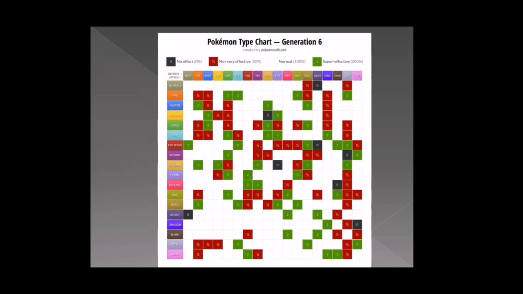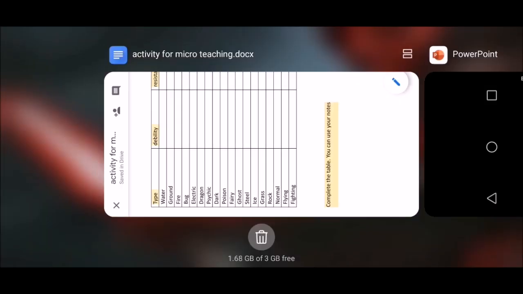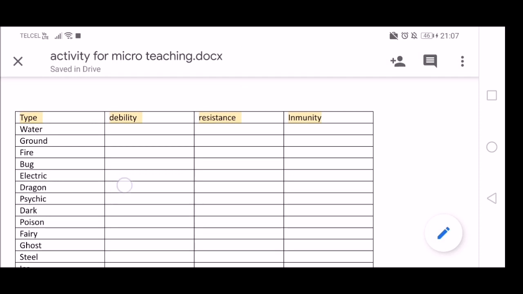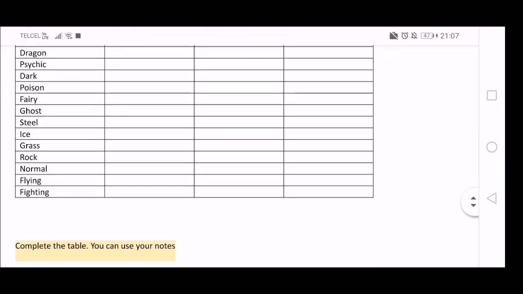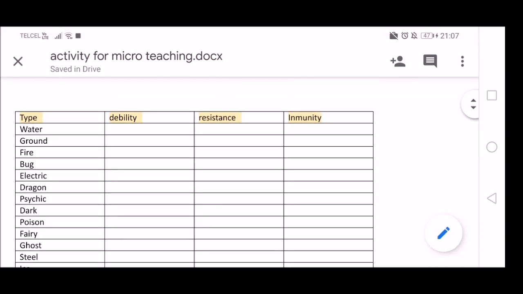And well, to end with my activity, I wrote a table with the 18 types, and the students will have to write only one of the weaknesses, one of the resistances, and one of the immunities.